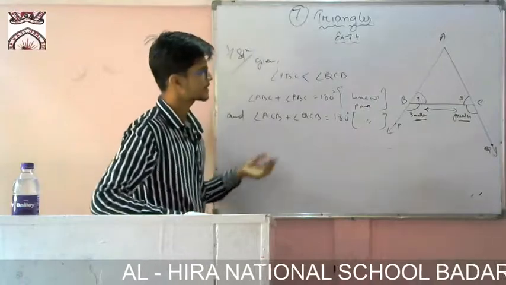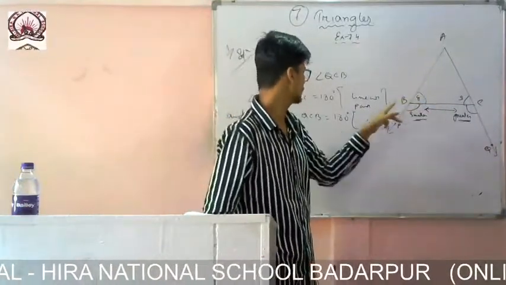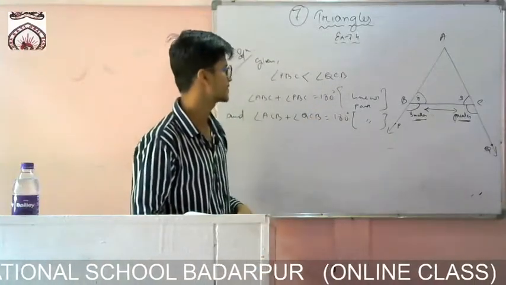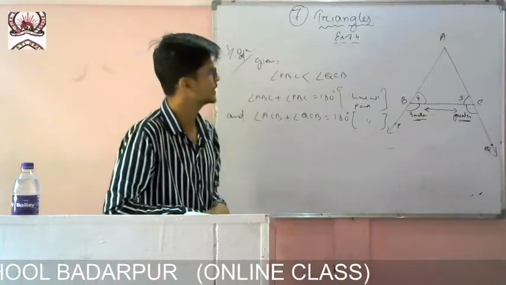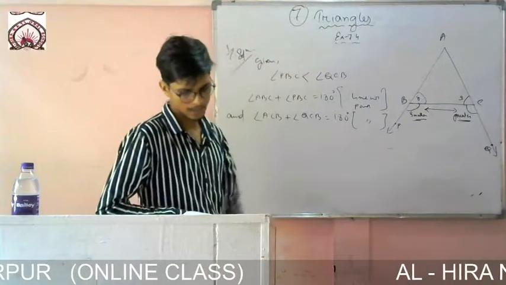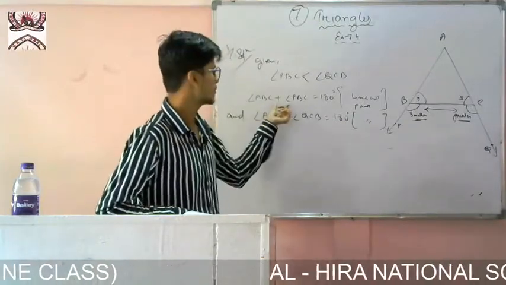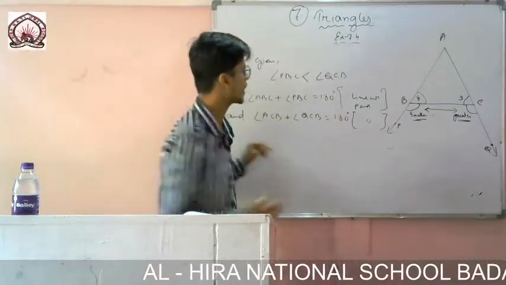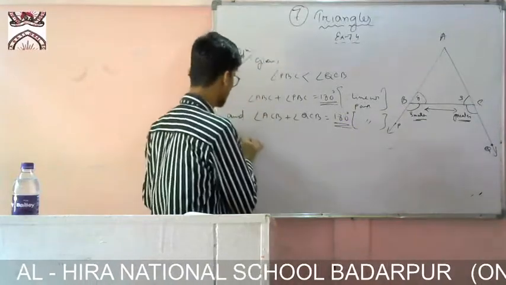Okay, ACB plus QCB, and there it is ABC plus PBC. So these two are linear pairs and both of them are equal to 180. This one is also equal to 180, that one is also equal to 180. So these two sums are equal, because their sum is 180.